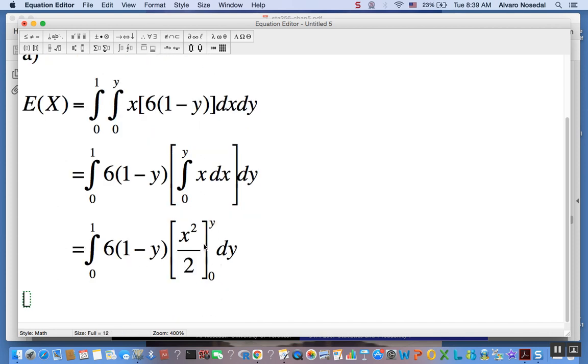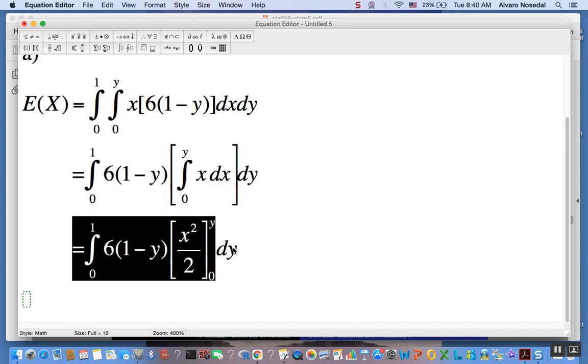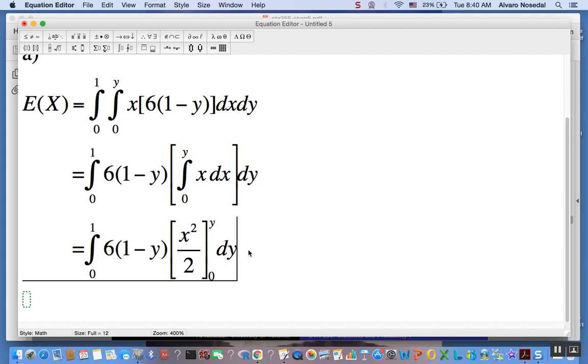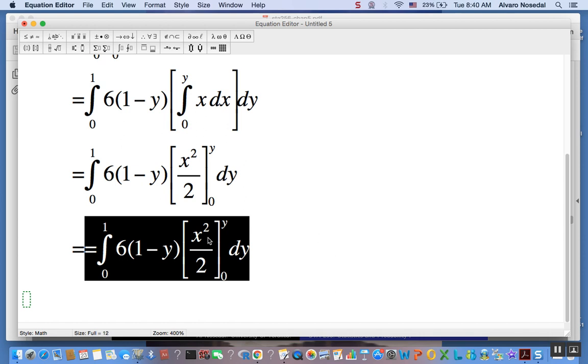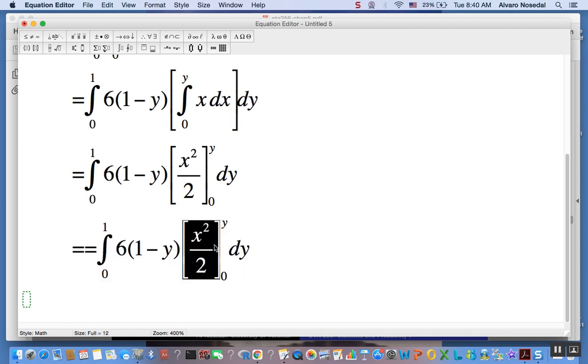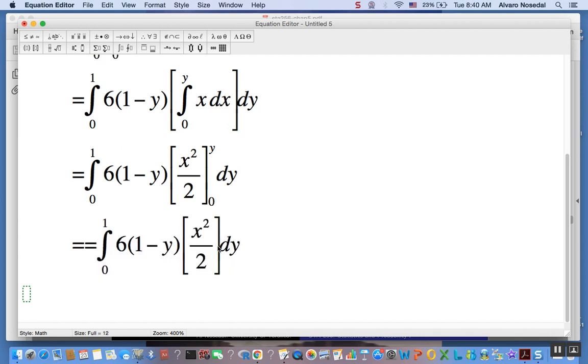When we evaluate at y, we end up with y squared divided by 2. When we evaluate at 0, just 0. So let me write down what we end up with. We have y squared divided by 2.